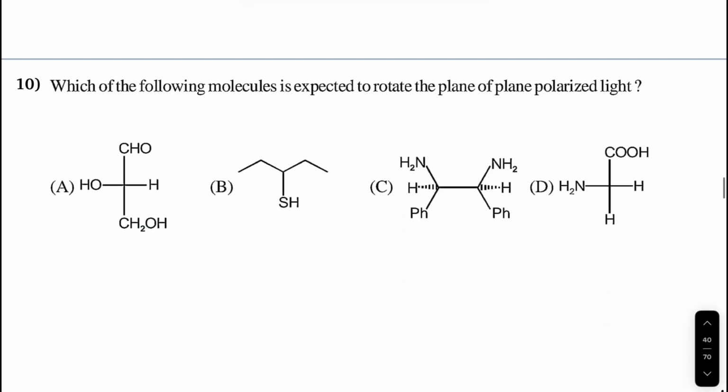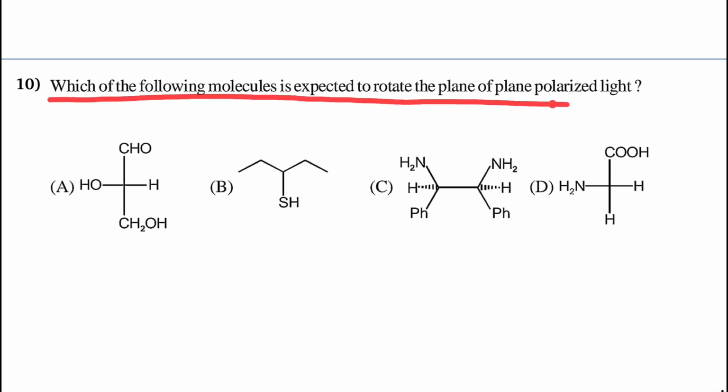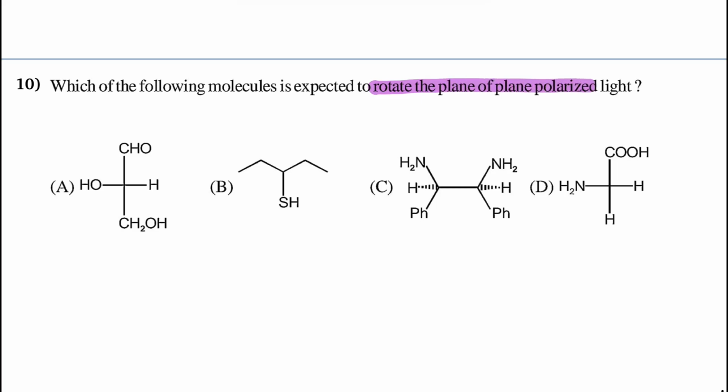And the next one, which of the following molecule is expected to rotate a plane polarized light? Simply he is asking which of the following molecule is chiral. Molecule with one chiral center is always chiral. Symmetrical molecules with 2 or more chiral centers having plane of symmetry, they are achiral. If you see the first one, there is only one chiral center.